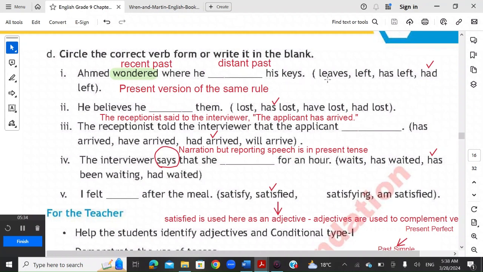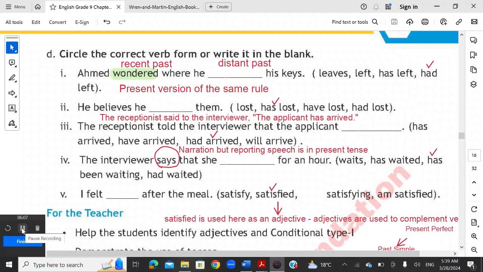We do not use leaves here. If it were Ahmed wonders, in the present tense, then we would use has left. The second option is left, and we do not use left here because both verbs cannot be in the past.